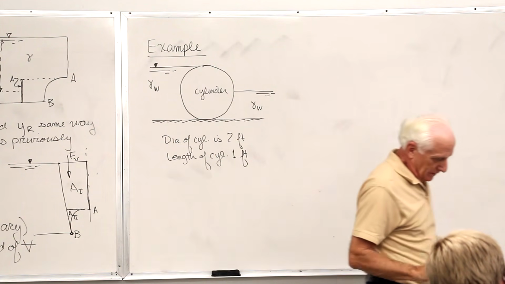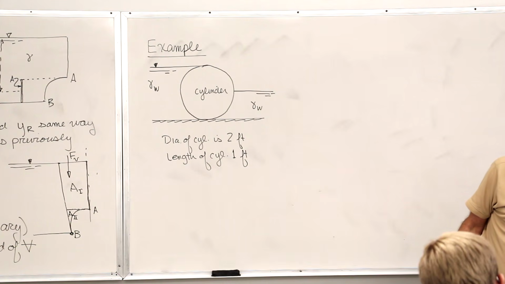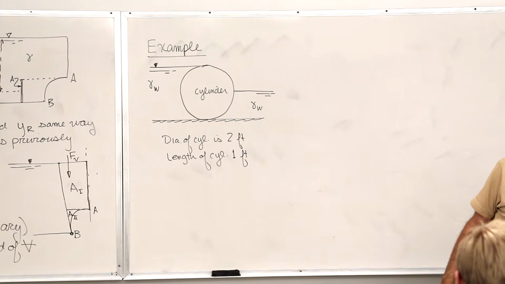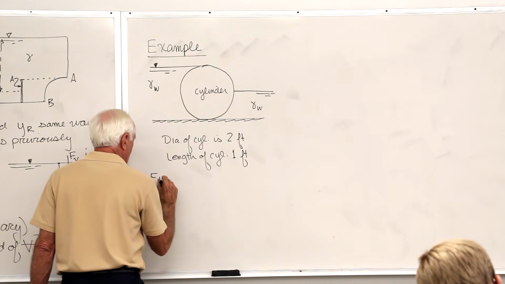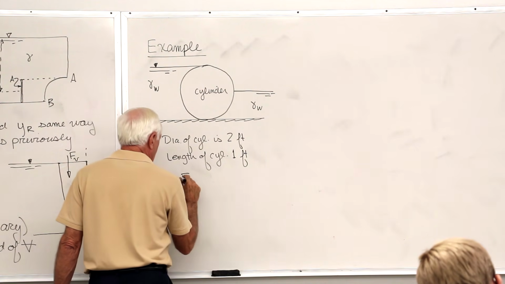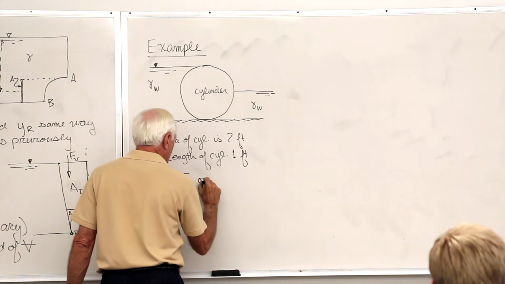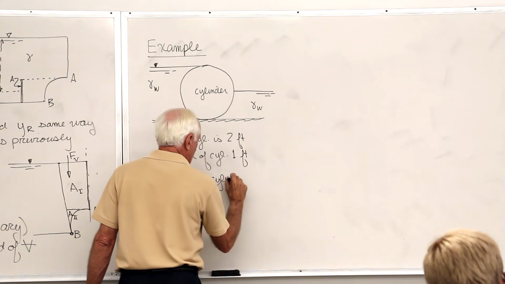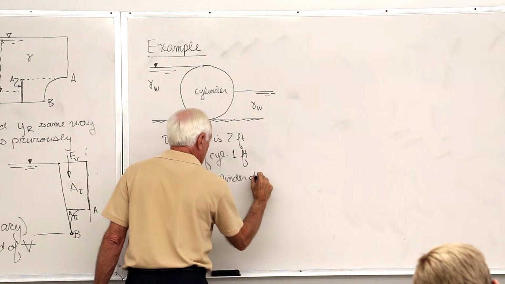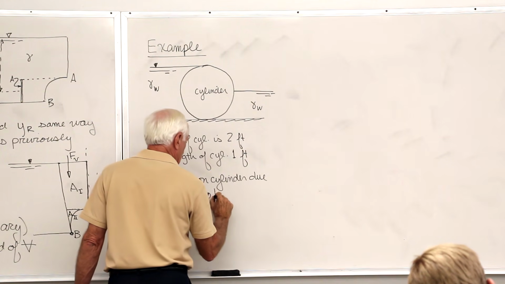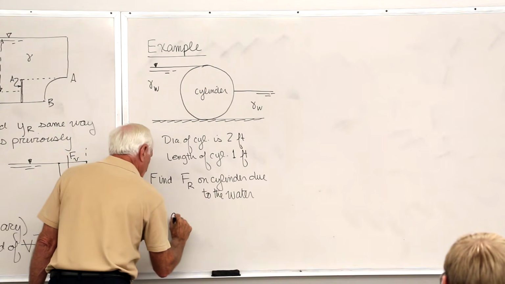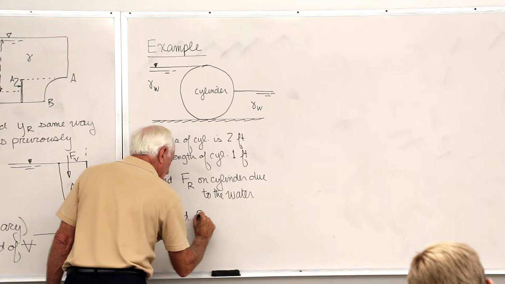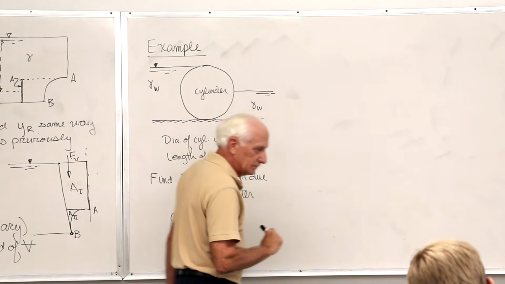We're supposed to find the resultant force on the cylinder due to water, and also find the angle theta it makes with the horizontal.